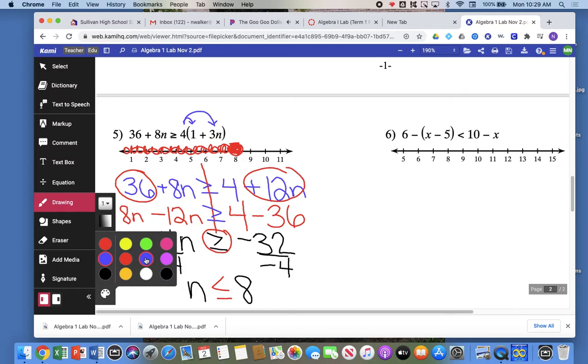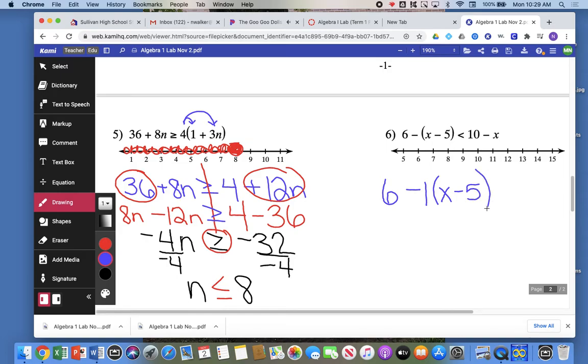No, that 6 is not attached to the parentheses, so we can't distribute it. That minus sign separates that. So this 6 is going to come right down, but we are going to distribute the negative 1.